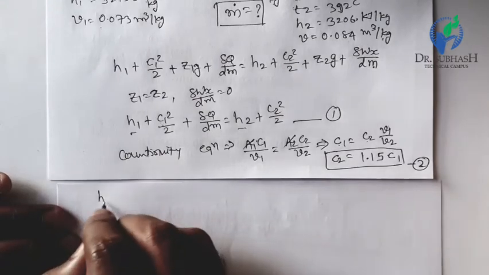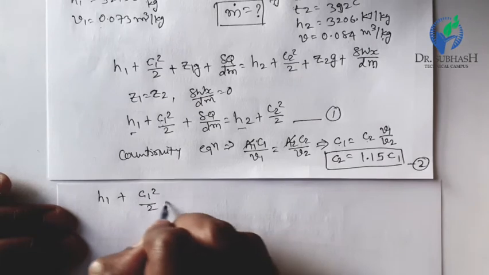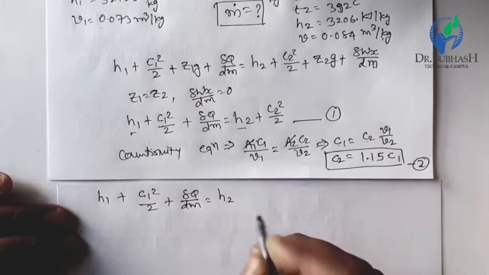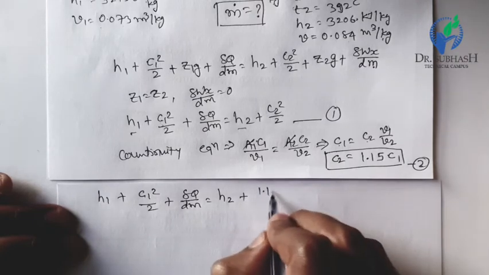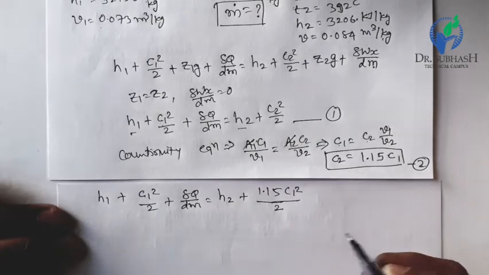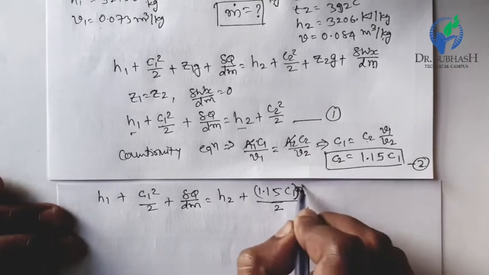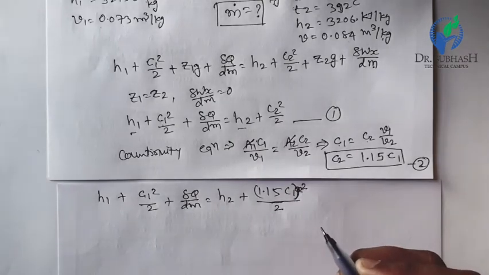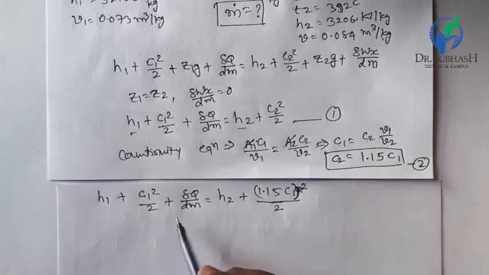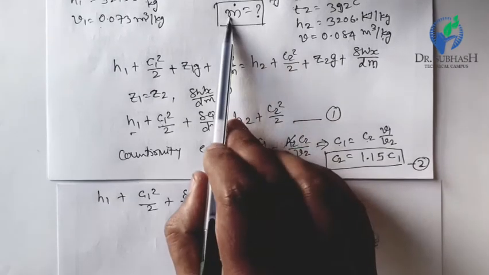h1 plus c1 square by 2 plus del q by dm equal to h2 plus 1.15 c1 whole square divided by 2. So this is the equation we get from the derivation, but what we require here is the mass flow rate.